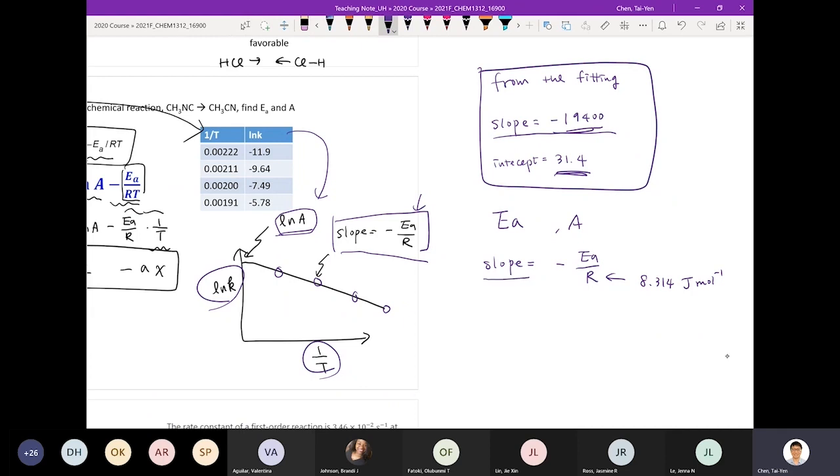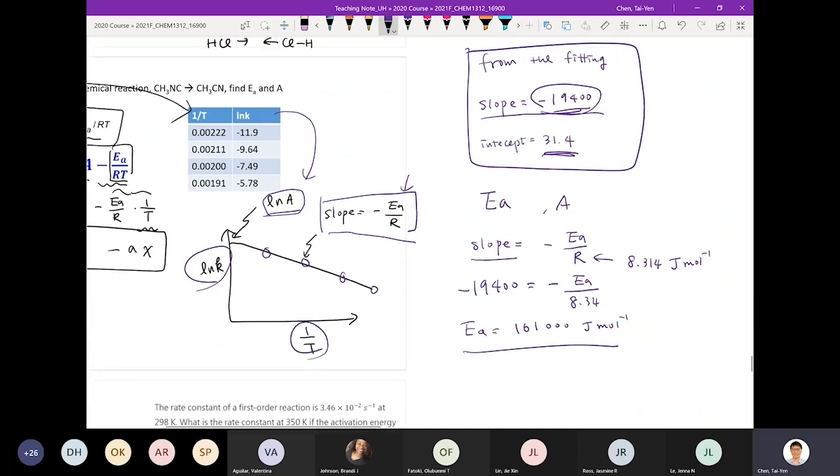So the slope from the question is negative 19400, which equals negative EA, the thing we want to solve for, over R, which is 8.314. If you do this calculation, you'll realize your EA is going to equal 161,000 joules per mole.